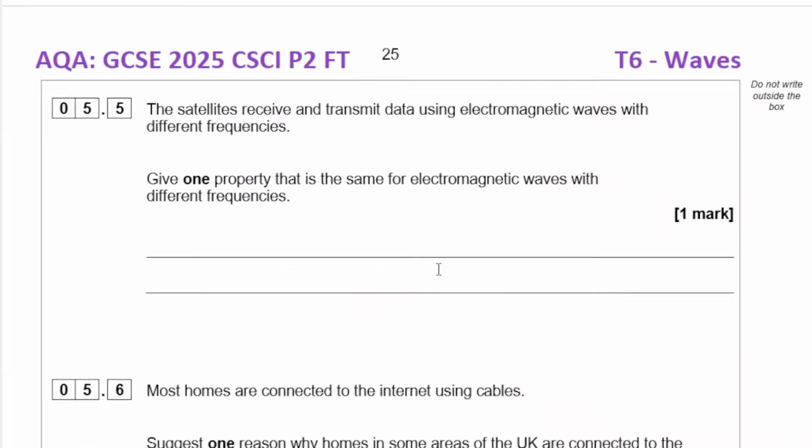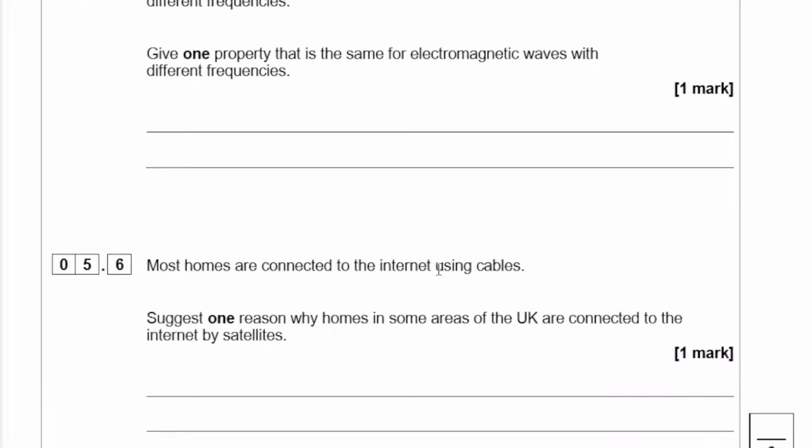The satellites receive and transmit data using electromagnetic waves with different frequencies. Give one property that is the same for electromagnetic waves with different frequencies. Now, even though they have different frequencies, all electromagnetic waves have the same speed, right?